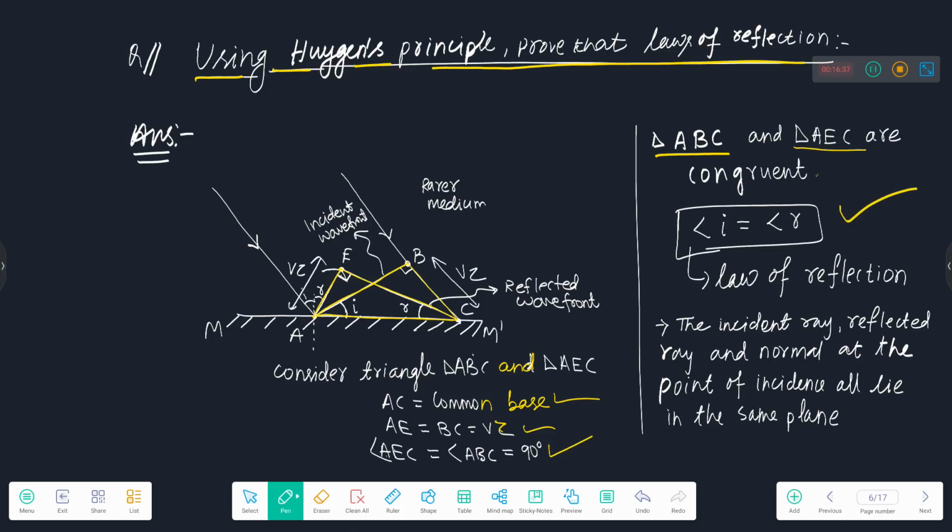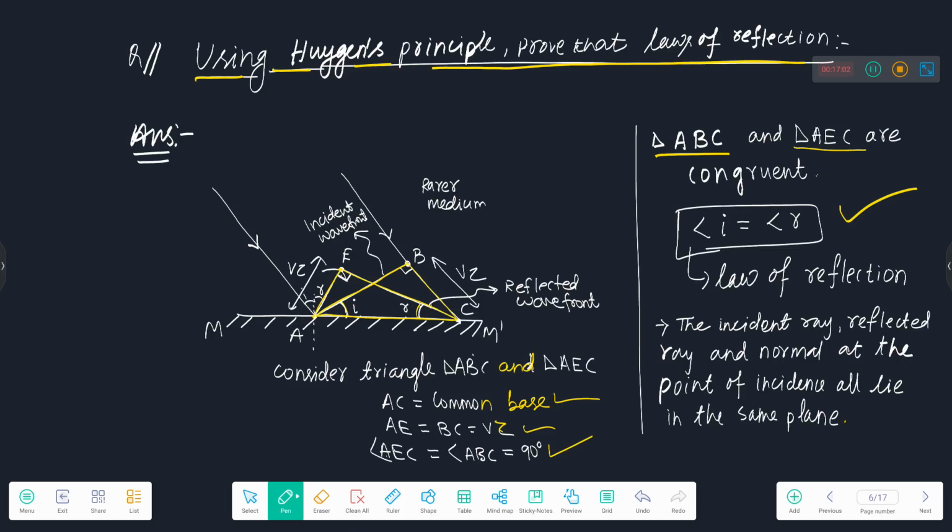Then the angle of incidence equals the angle of reflection, so this I and R will be equal. And remember, the incident ray, reflected ray, and normal at the point of incidence all lie in the same plane. So that is your law of reflection. Basically, I equal to R you have to prove here. So the picture is given, then you consider two triangles, then you prove this.